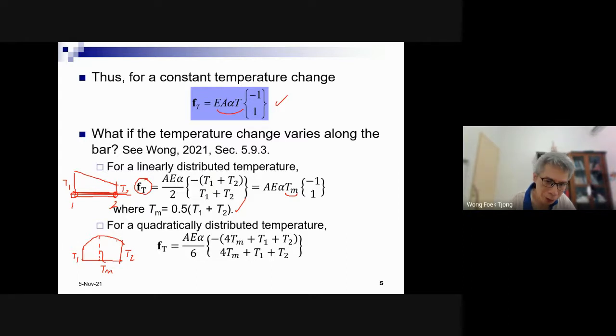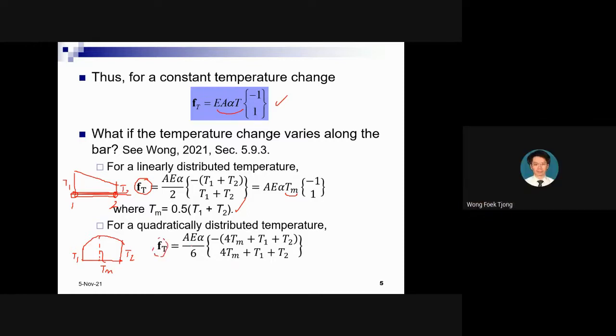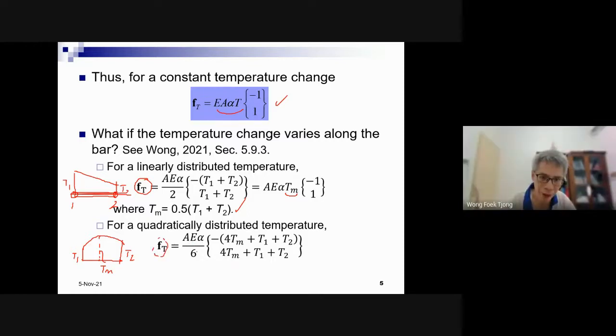And then we can prove that the equivalent nodal force is given by this one: A E alpha over 6. So the influence of the temperature at the middle is quite big because its factor is 4, the others are 1, right? The proof of this you can see in my textbook, in section 5.9.3. I wrote the proof and the computation there, but here I just write the results for brevity.